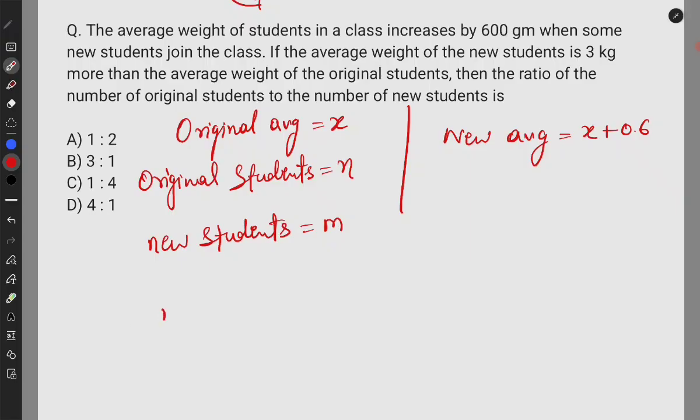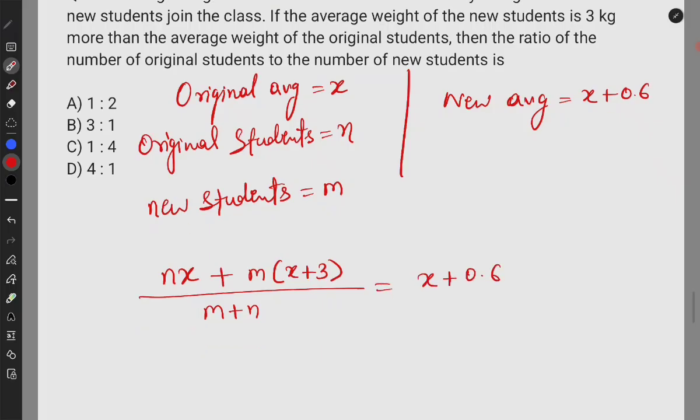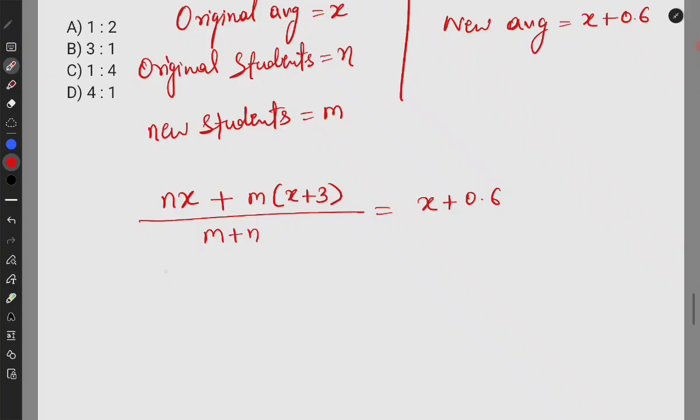So n into x is the sum of weight originally. Now m new students join, and their average weight is 3 kg more than the original one. So x plus 3. Now the total number of students is m plus n, and the total average is now x plus 0.6. Now let's solve it. We need to find out m and n.